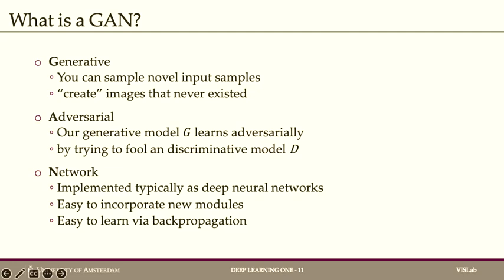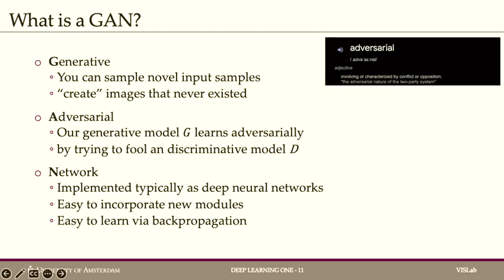Technically, they wouldn't have to be. You could define any other method with this kind of schematic, where one model tries to fool the other. But of course, we want to be able to backprop through everything. For those unfamiliar, adversarial simply means involving or characterized by opposition. So each has opposing interests.